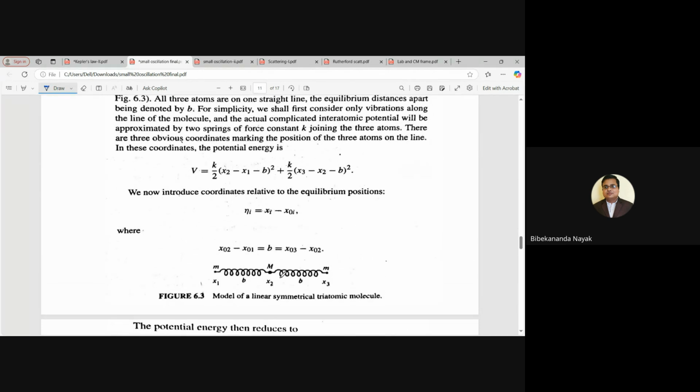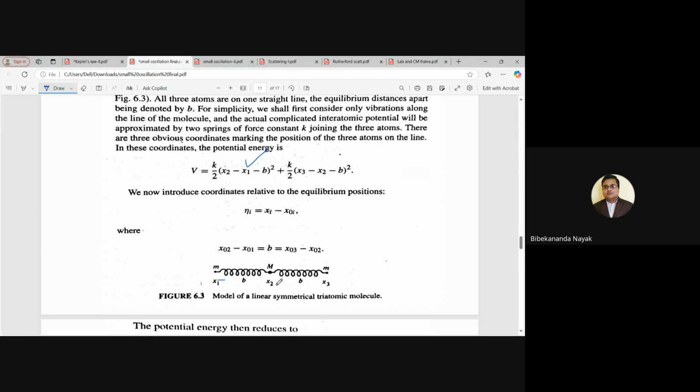What is the potential energy here? It is just like a simple harmonic oscillator. We have half kx square. So what is the distance between these? X2 minus X1, and if you consider from the equilibrium position B, then X2 minus X1 minus B. When its equilibrium distance is B, if you slightly disturb it, then it will change.